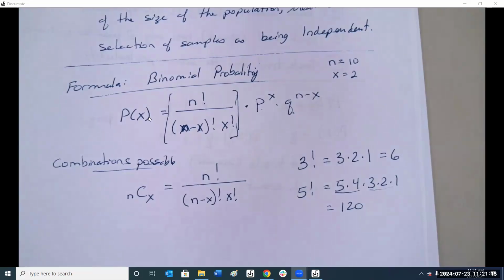So that's what a combination is. It's always going to be an integer. It tells us how many ways we can arrange it. And from that formula, we know what x is and what n is, and that gives us our exponents for the pass and fail part.